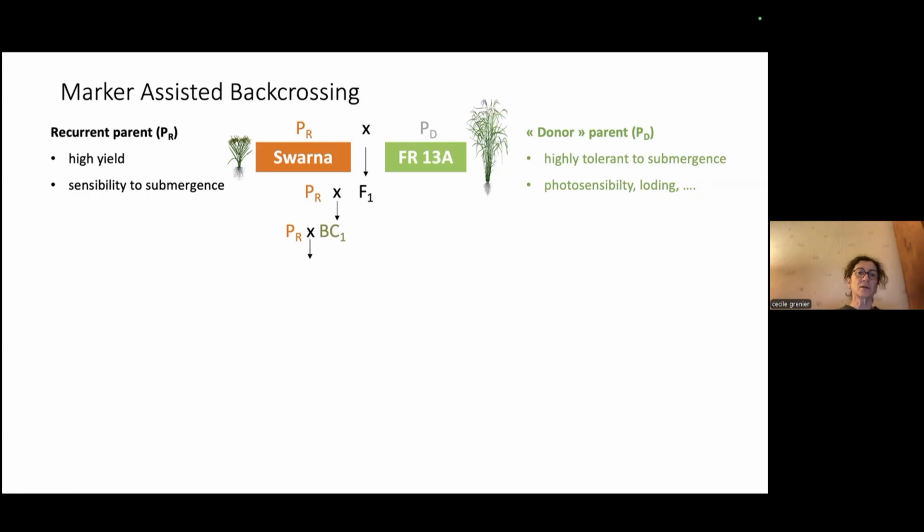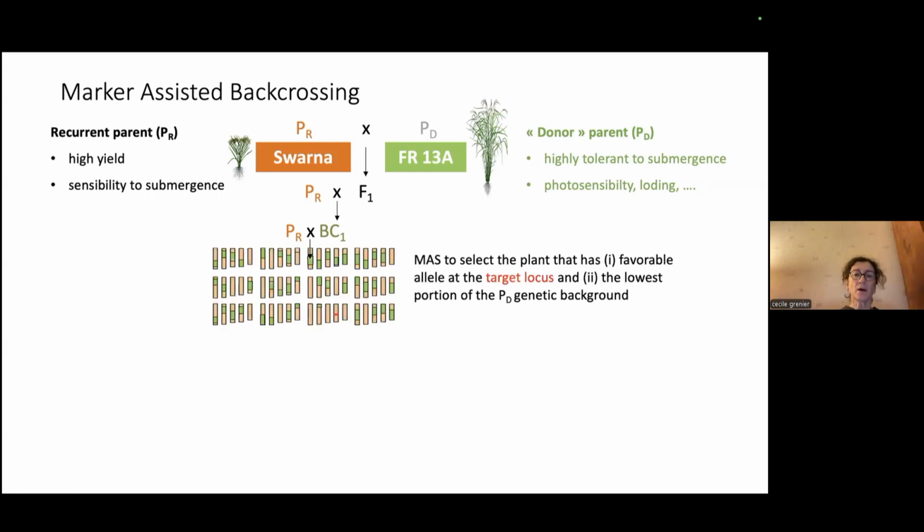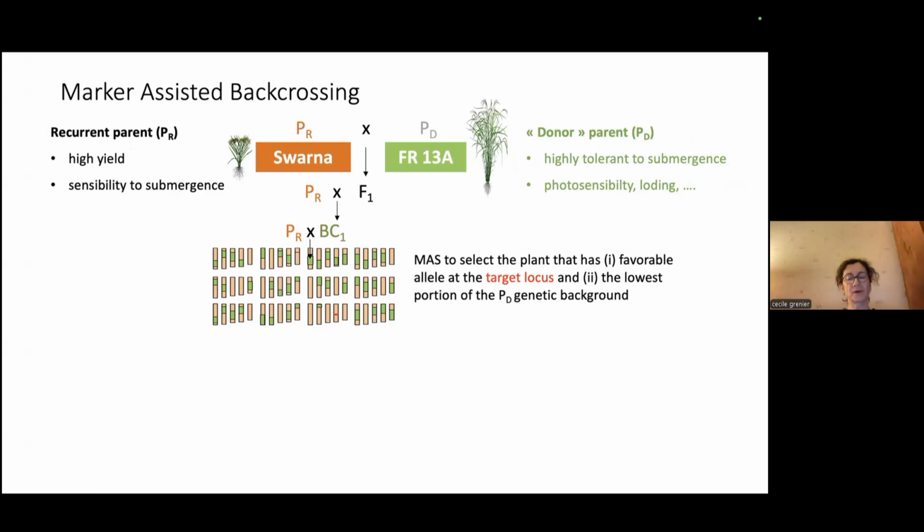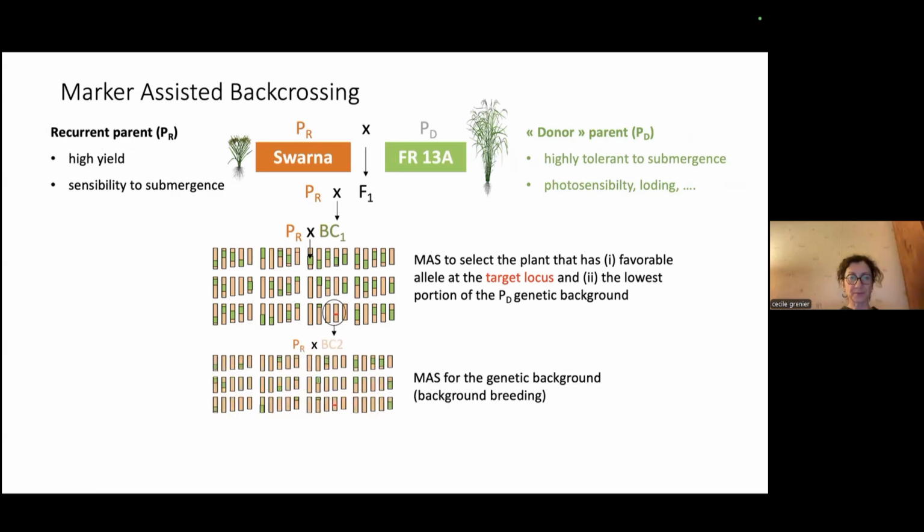What has been done to avoid that is marker-assisted backcrossing, where you proceed the same way, but early on you make a marker-assisted selection to select the plant that has the favorable allele at SUB1, here a marker associated to SUB1, but has the lowest genetic background from the donor, so that you don't get all the undesirable traits from the donor.